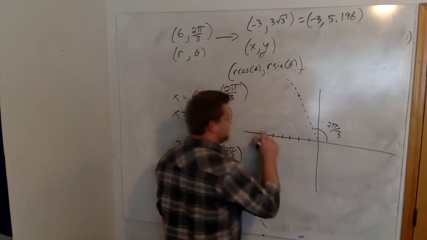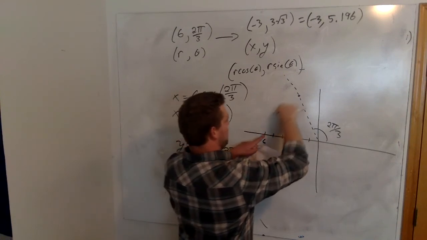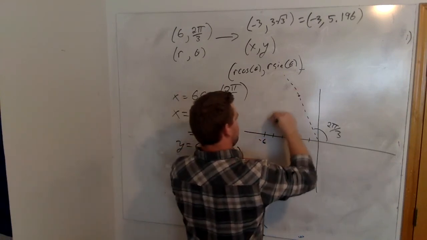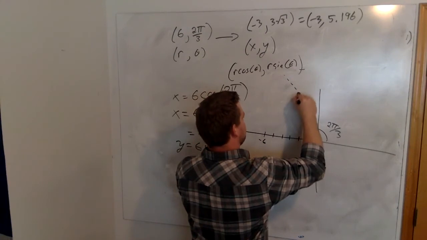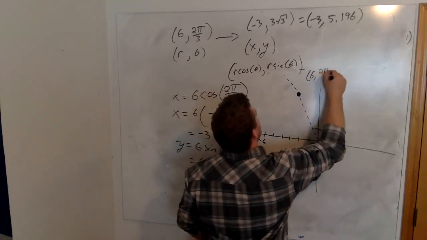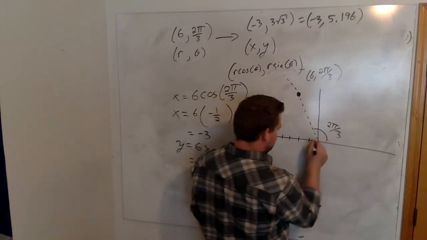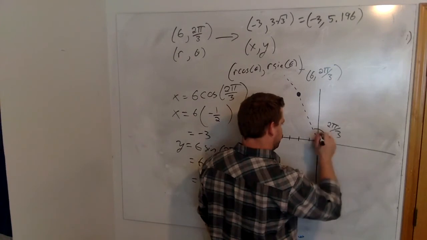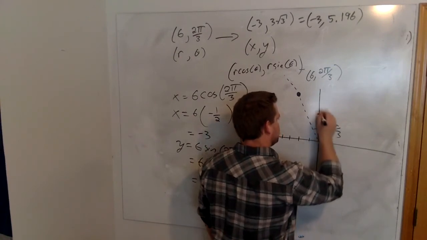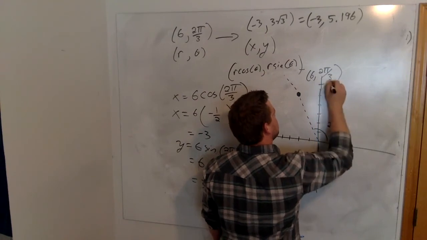So here's negative 6. Of course this isn't going to be perfect, but roughly right here is going to be the point (6, 2 pi over 3). Let's try to make equal spacing here: 1, 2, 3, 4, 5, 6. So here is 6.